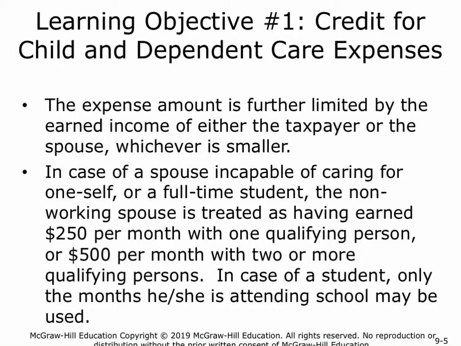So this would mean generally for a calendar year that a full-time student would be 9 months times the 250. If there are two qualifying individuals, then the amount would double. So it'd be $500 for the amount of time the spouse was incapable of caring for themselves, or as a full-time student for the 9 months, for that span of time times the $500 per month.